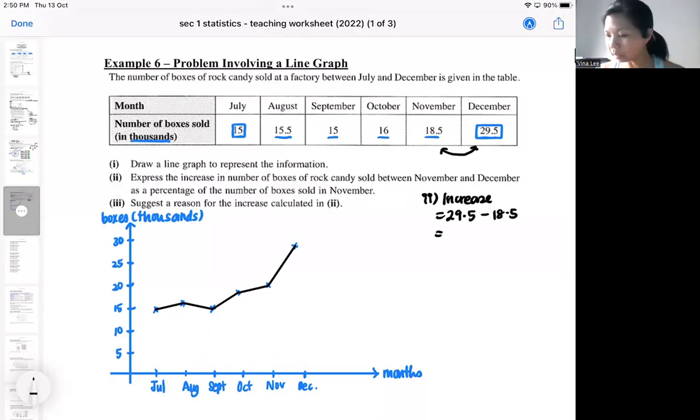I'm just doing the numbers. I exclude the thousand. So it's 11,000 boxes. So the percentage will be 11 over 18.5. If the answer is not nice, not to worry, 3SF.